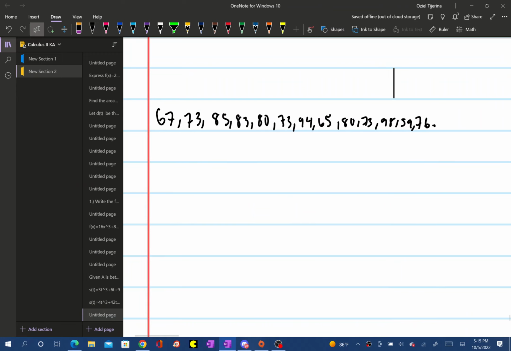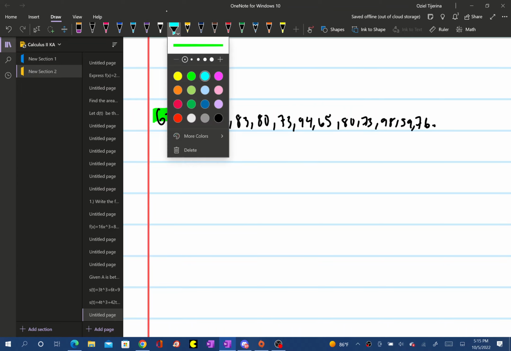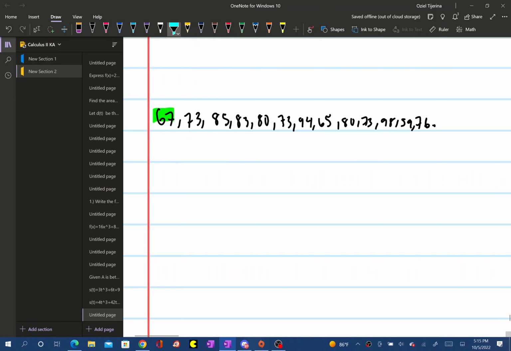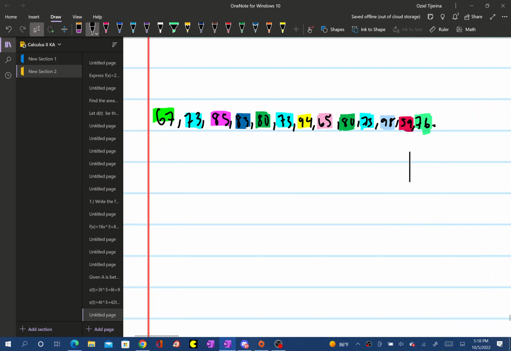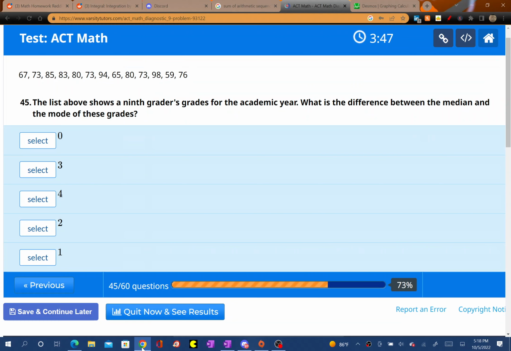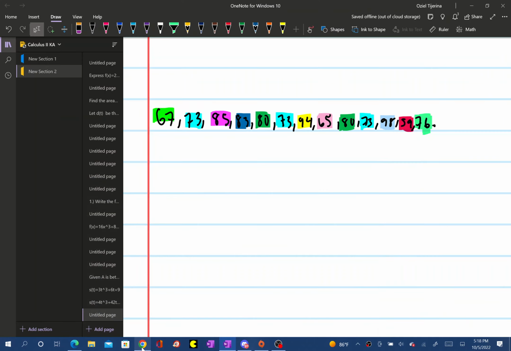So, let's see here. We're first gonna find the mode. The mode is the number that appears the most. I'm gonna go ahead and highlight all of these in different colors. Okay, guys, so I highlighted all of them. So, what is the difference between the median and the mode?